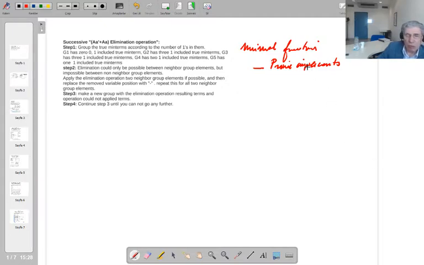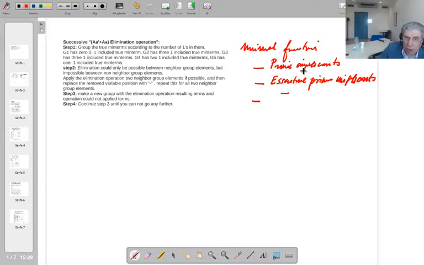So the first step is to find these prime implicants, and then among these prime implicants we are going to find the essential prime implicants, and then all the minimal functions must have these essential prime implicants in.